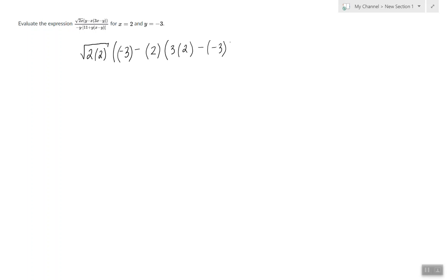Now we just have to keep track of all the parentheses. So for every open one there's got to be a closing one. Alright, and that's what the numerator looks like, and the denominator looks like this. Here we have absolute value with multiplication, so don't ignore the absolute value.